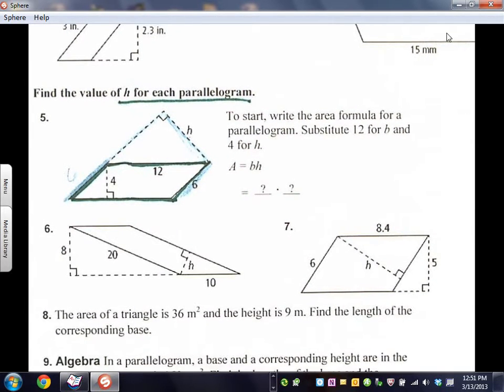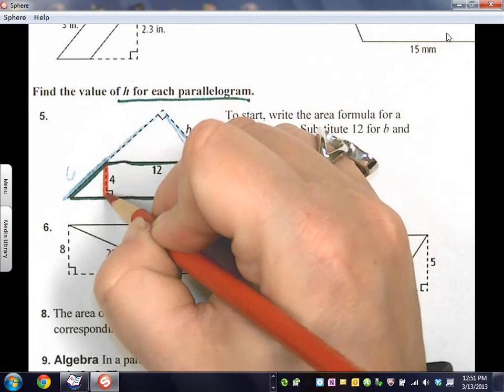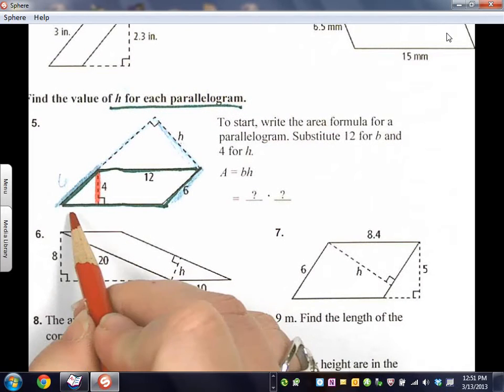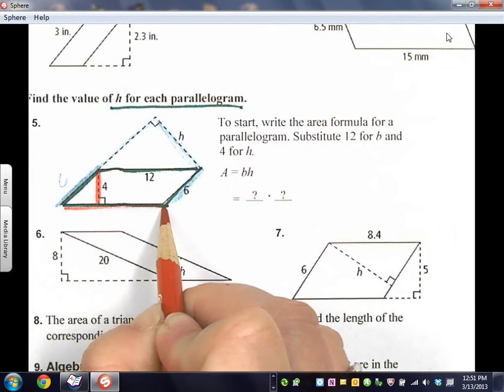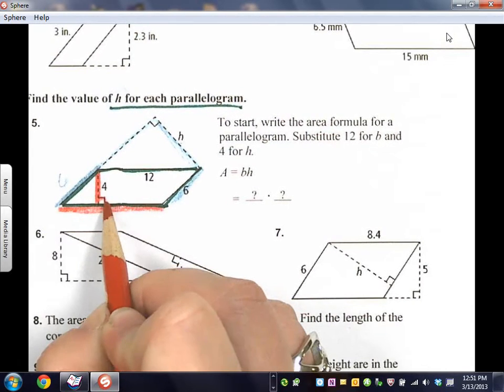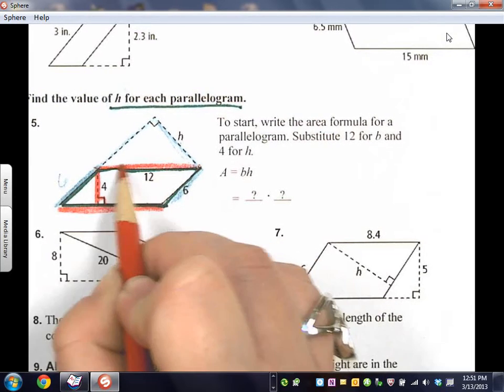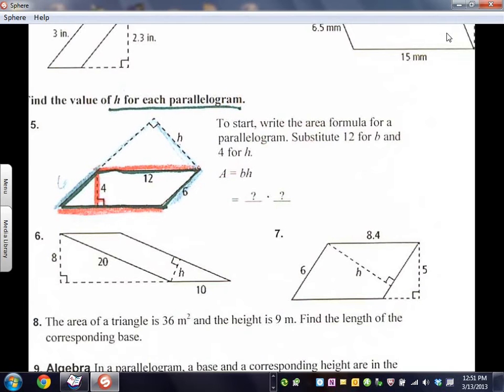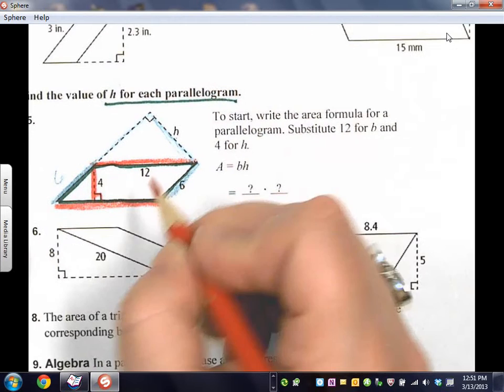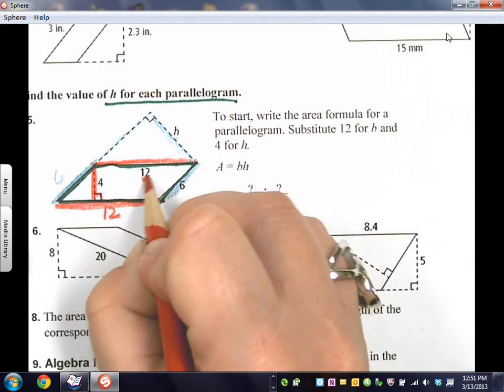So let me look for another height. Notice that this is a height, and it is perpendicular to this side. I know that because there's this right angle, so that's perpendicular. And it's also perpendicular to this side. Both of those sides are 12. I know that from right there.